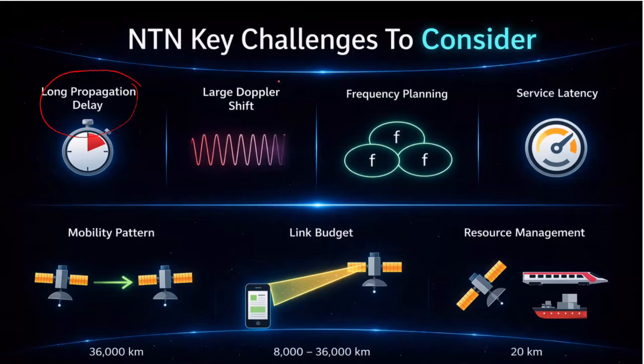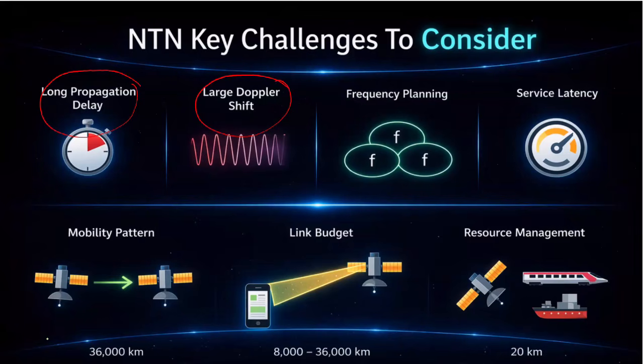Next is the larger Doppler shift. Due to the high speed of satellites, especially in LEO, the frequency of signals changes dynamically. So this can affect synchronization and signal decoding. So advanced compensation techniques are required to maintain reliable communication.